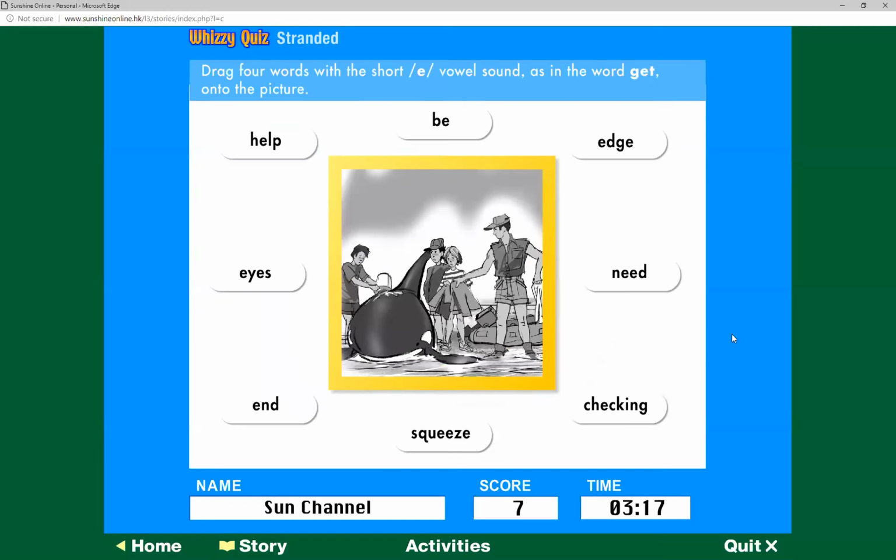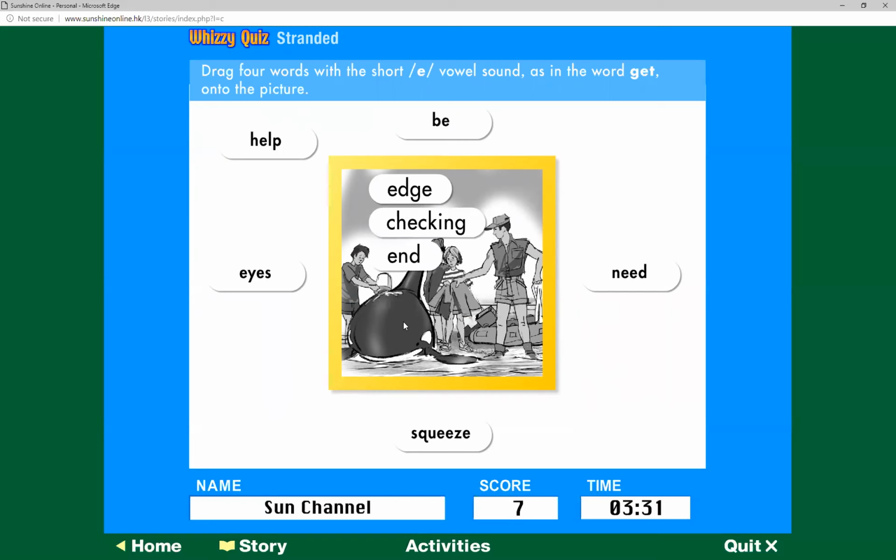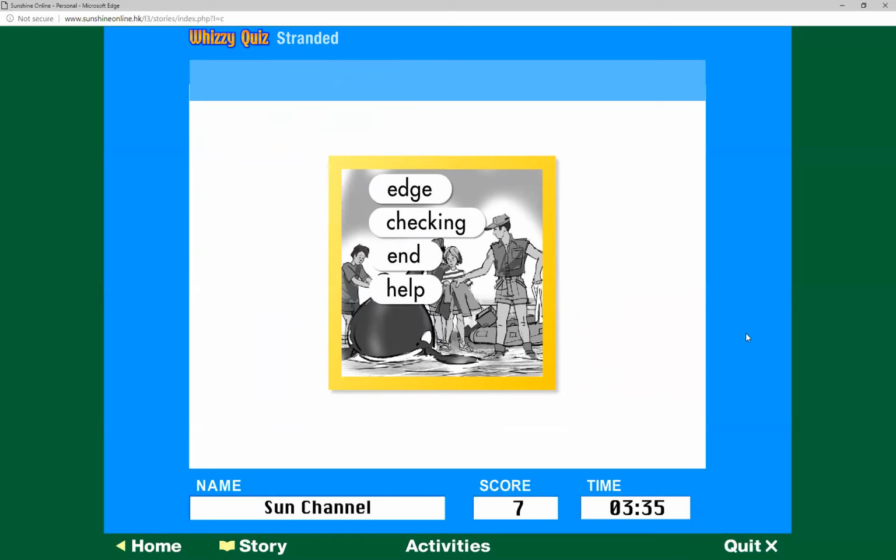Drag 4 words with the short E vowel sound, as in the word get, onto the picture. Yes.